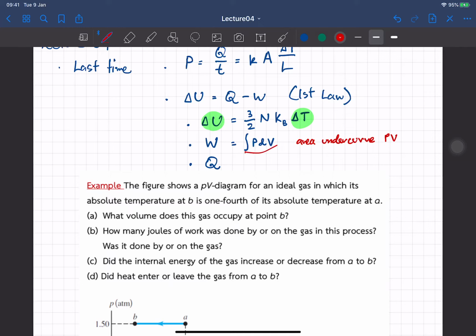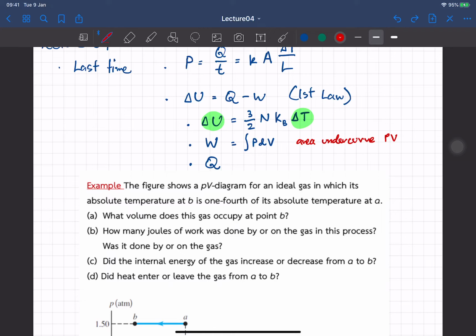Okay, the integral of P dV, well, V is the variable for the integration, and P is usually the function that depends on V, the volume, so you integrate, and then you get the area under the curve in the PV diagram.